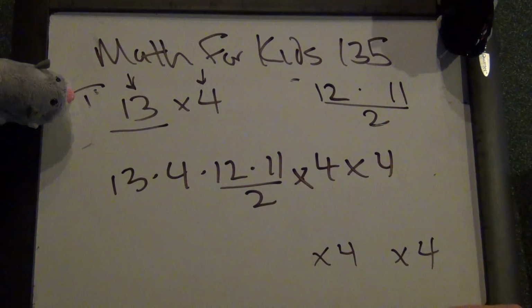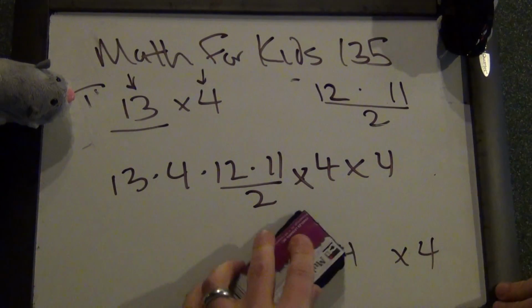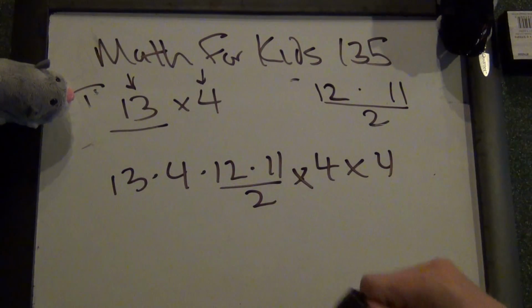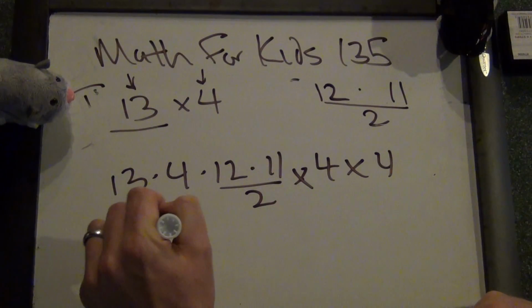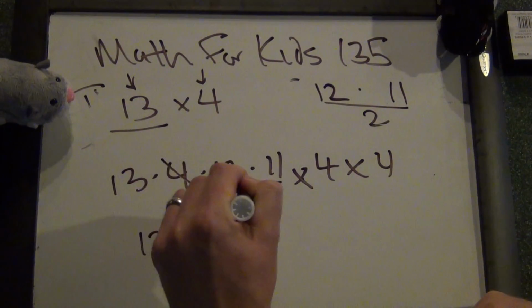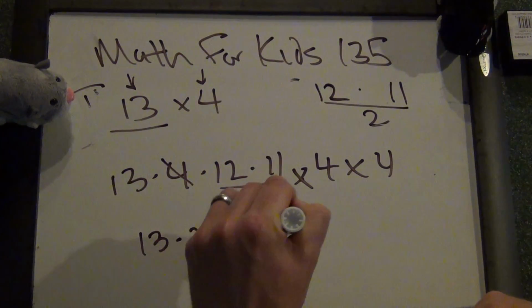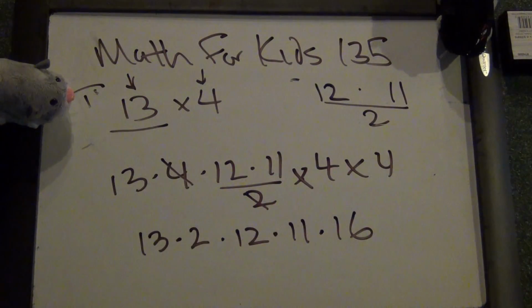Okay, so we can simplify this a little bit, right? We can divide the 2 into one of the 4s. So I can do 13 times 2 times 12 times 11 times 16, right? Okay. So what is 13 times 2? 26. What is 26 times 12? 312.